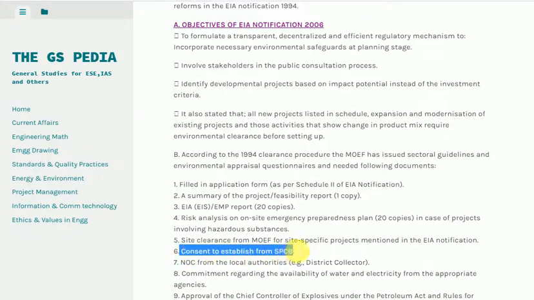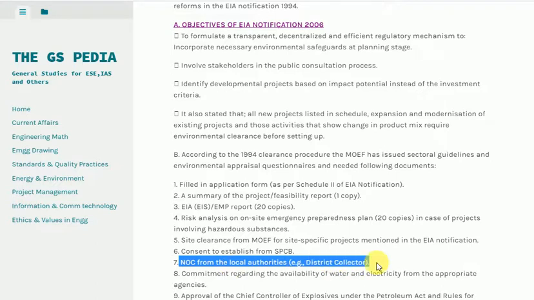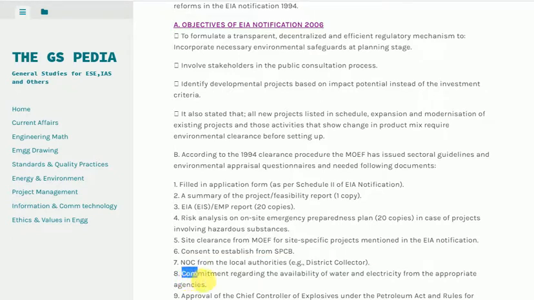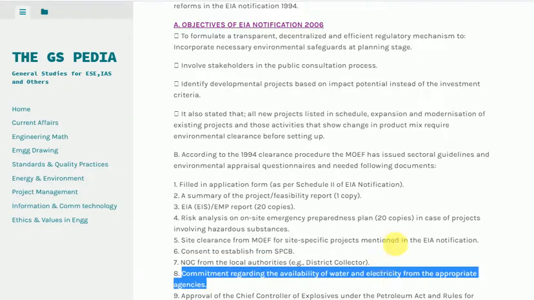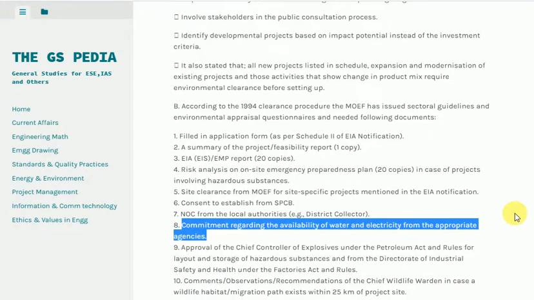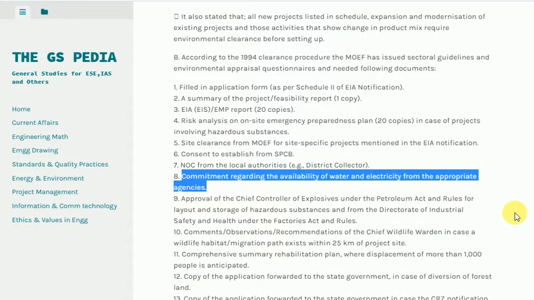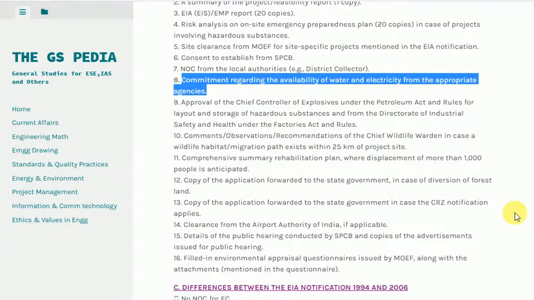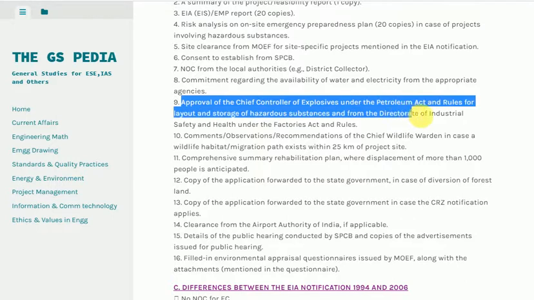Commitment regarding the availability of water and electricity from the appropriate agencies. 9. Approval of the Chief Controller of Explosives under the Petroleum Act and rules for layout and storage of hazardous substances, and from the Directorate of Industrial Safety and Health under the Factories Act and rules.